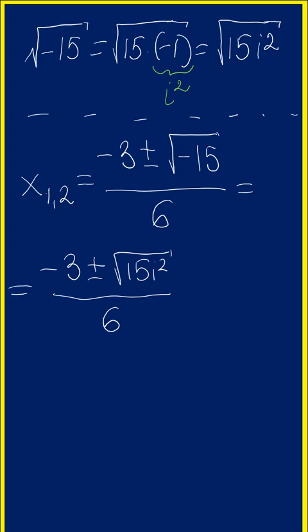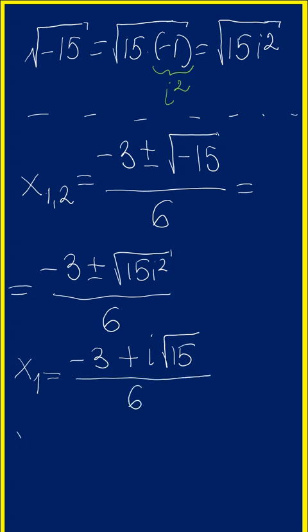Now we can write x sub 1 equals negative 3 plus i square root of 15 divided by 6, and x sub 2 equals negative 3 minus i square root of 15 divided by 6.